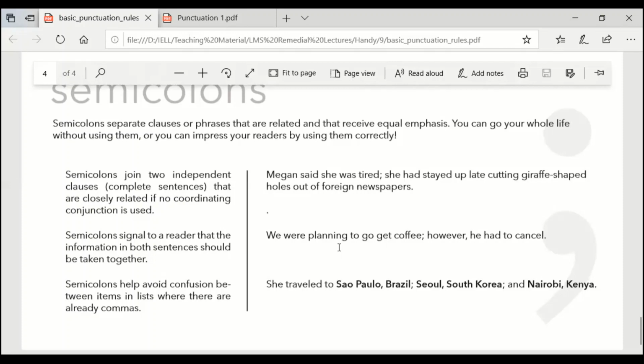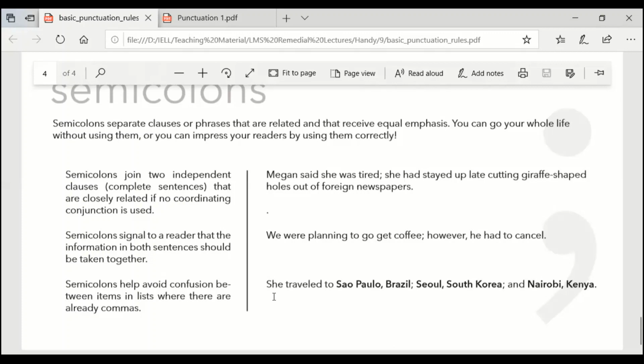Semicolons help avoid confusion between items in lists where there are already commas. This is a little bit tricky, because we use them along with commas, and the example in itself is a little bit complicated.